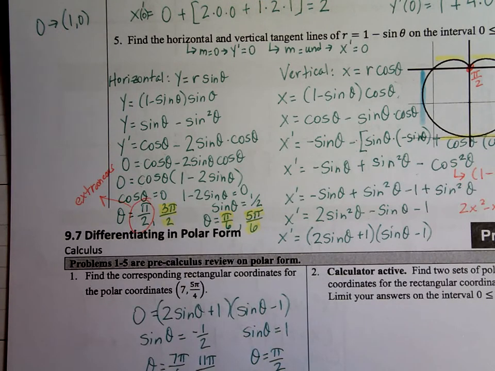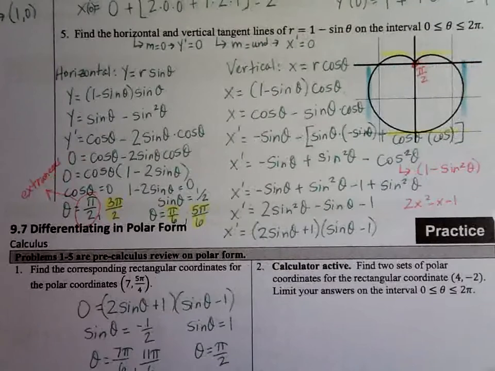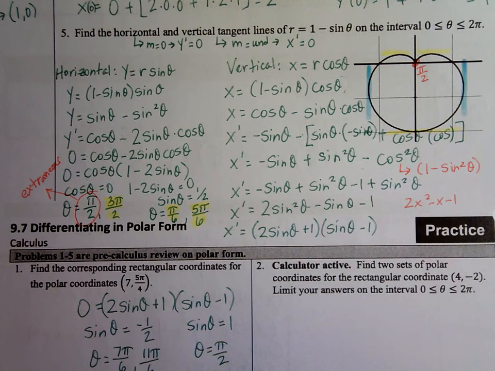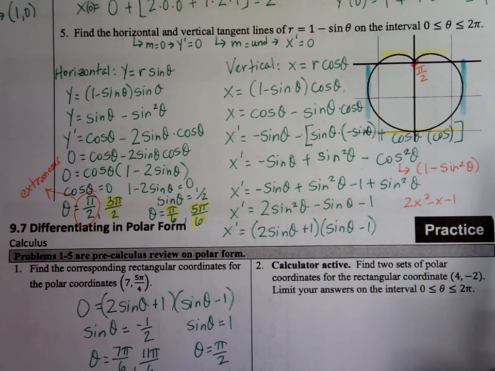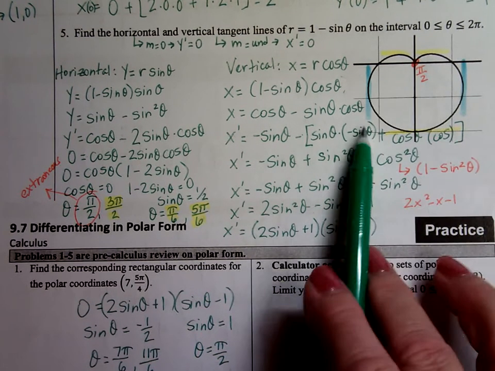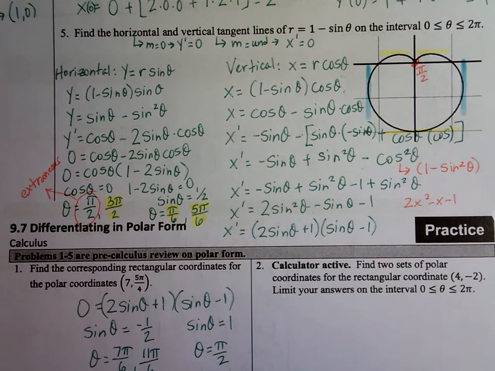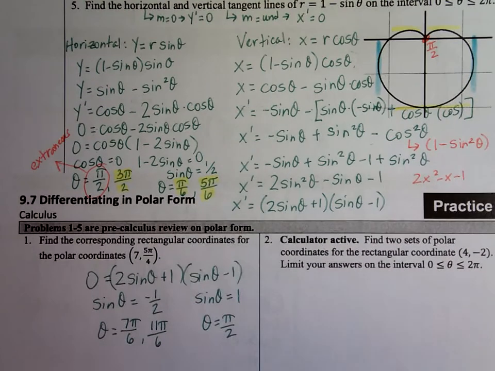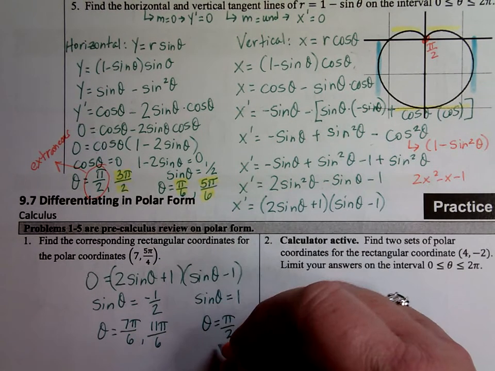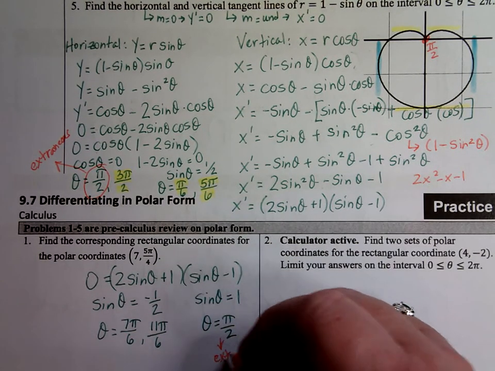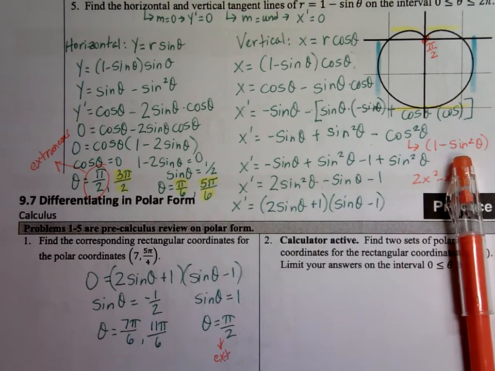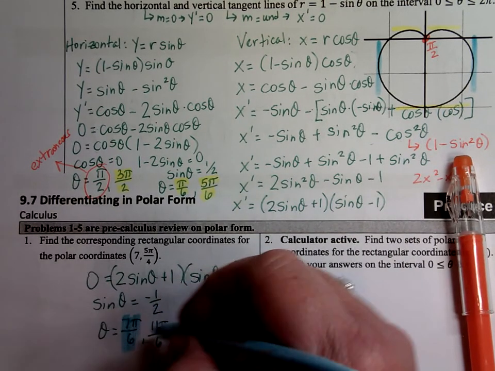So looking at my picture, I have 3 answers and I have 2 places where I have vertical tangent lines, my 2 blue lines here. And so if I'm looking at this, there's one that I need to eliminate. Well, you already saw this. This was the same situation back when we did the y's. The pi over 2 is your pointy place. He's your extraneous value, which means your 2 answers are 7 pi over 6 and 11 pi over 6.